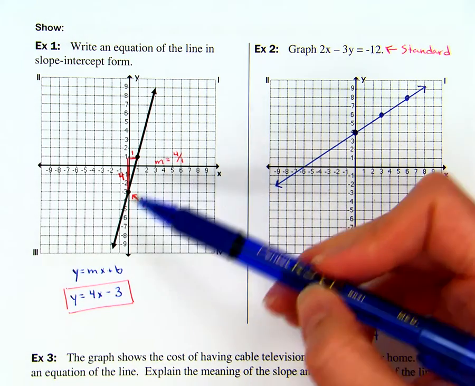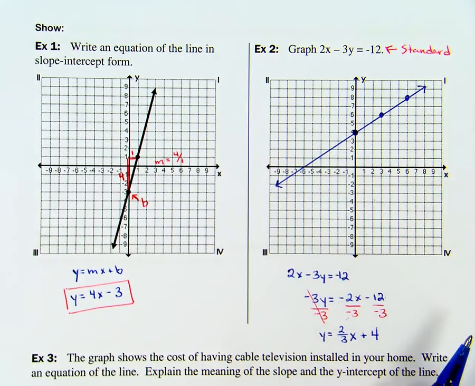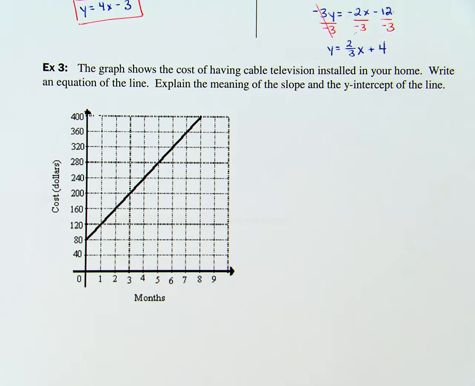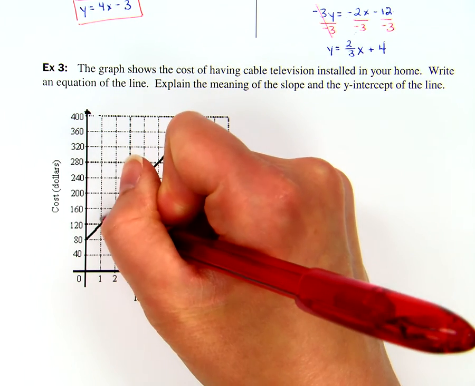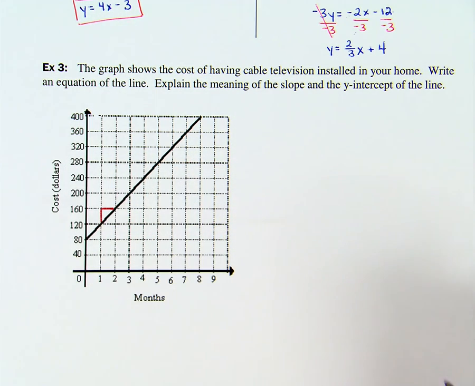We've got the graph, so we need to identify the slope and the y-intercept. So let's see what we have. Well, our slope, rise over run. At first glance, it looks like our slope is up 1 over 1, but be careful to look at the units.